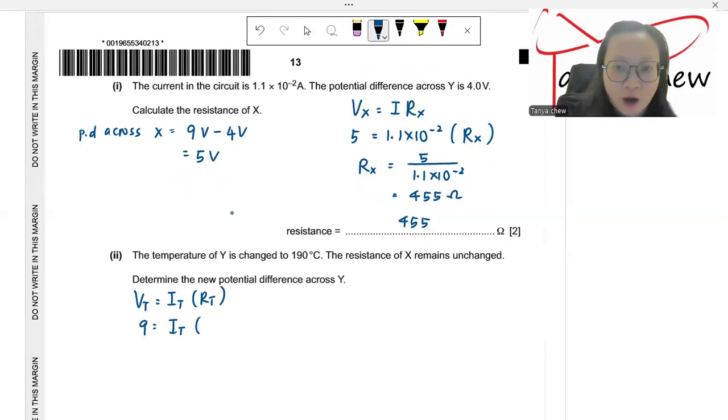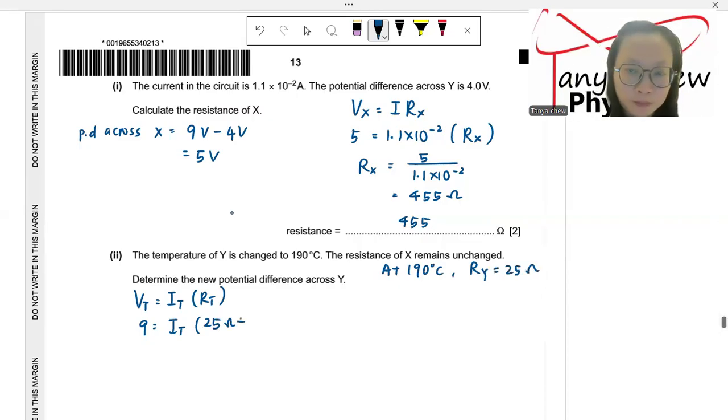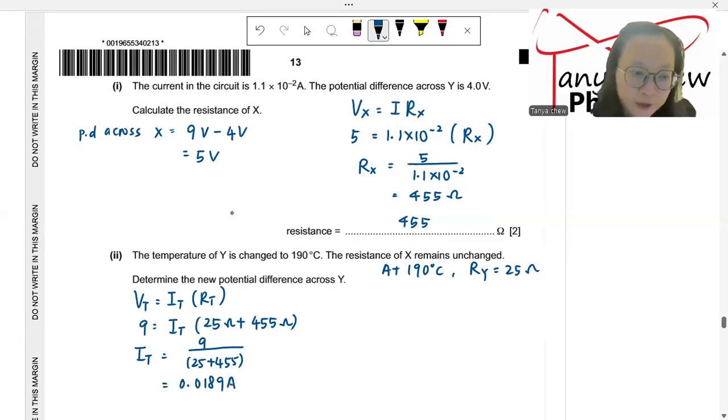It is between Rx and Ry, because both are connected in series, so you just add their resistances. So at 190 degrees Celsius, the resistance of Y is equal to 25 ohm. So 25 ohm plus 455 ohm. I total is equal to 9 divided by 25 plus 455, and I got 0.0189 ampere.